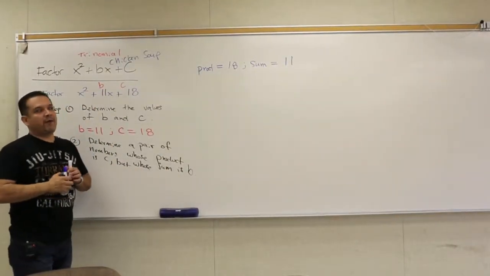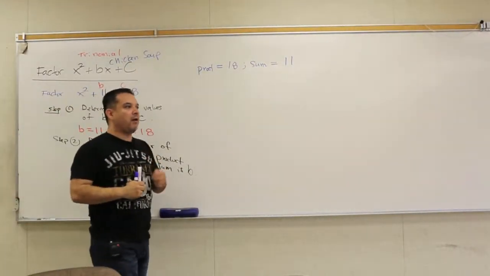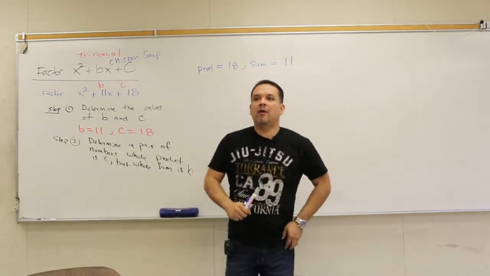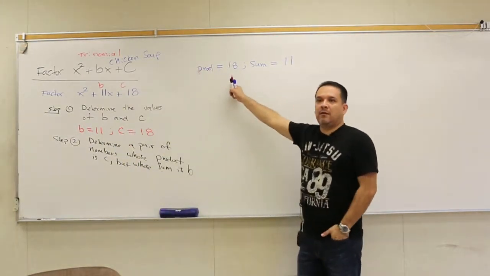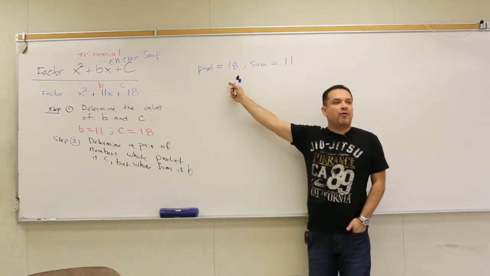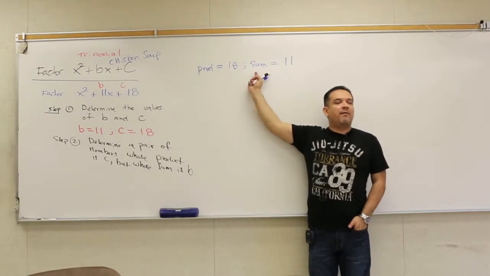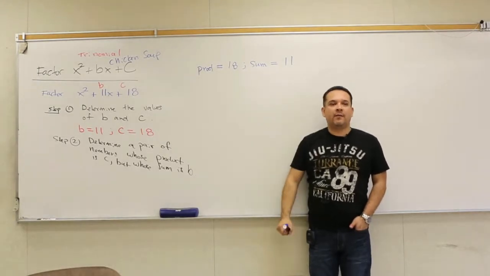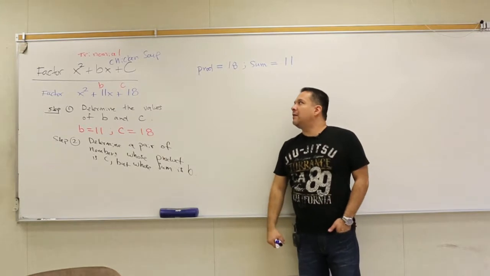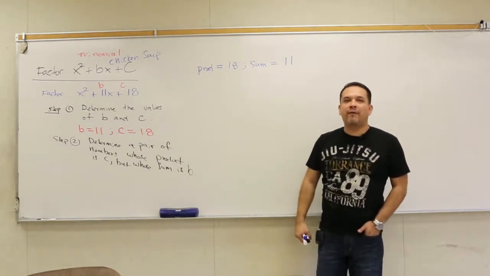In my experience, probably the hardest part is for people to do what I'm saying right now. Find a pair of numbers whose product is 18. What does product mean anyway? To multiply. And what does sum mean anyway? Add.